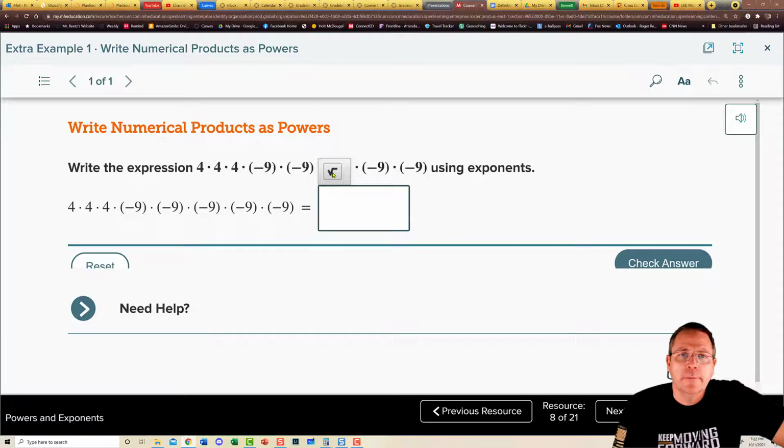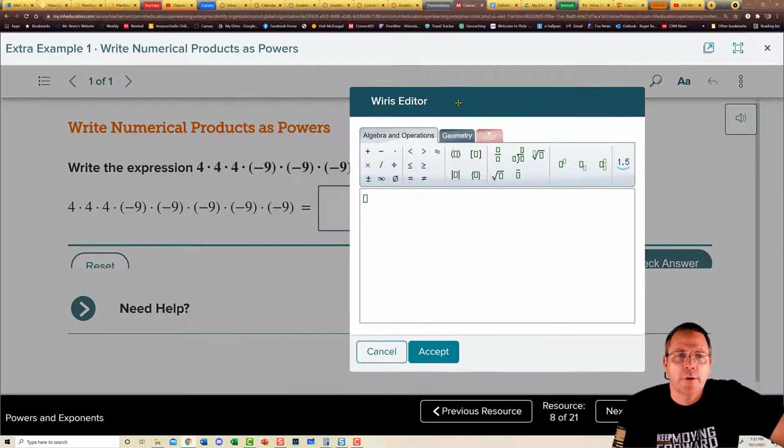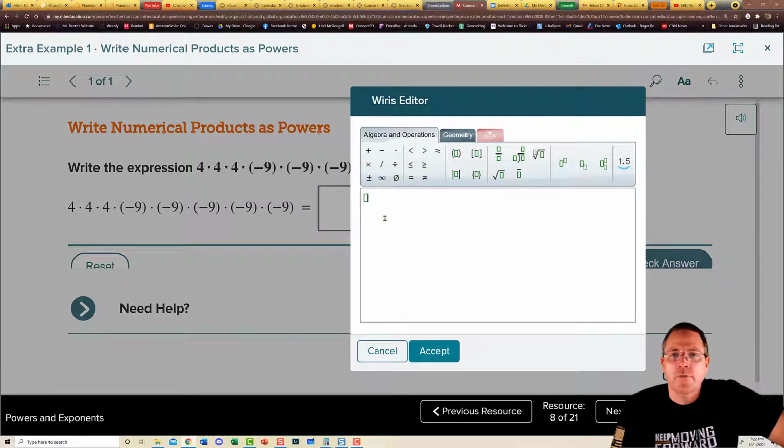Did you get it done? Let me show you what I'm going to do. I've got 3/4 here, so I get my exponent option, which is right there. So that is going to end up being 4 to the third power, and then I'm going to multiply that times, in parentheses, a -9.